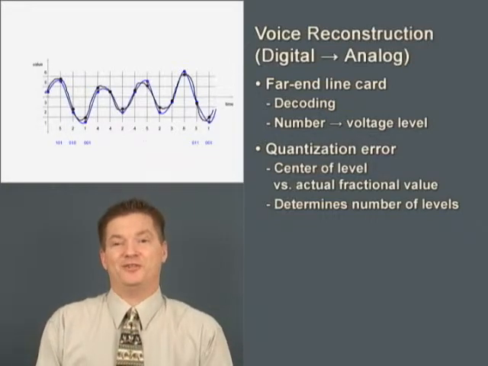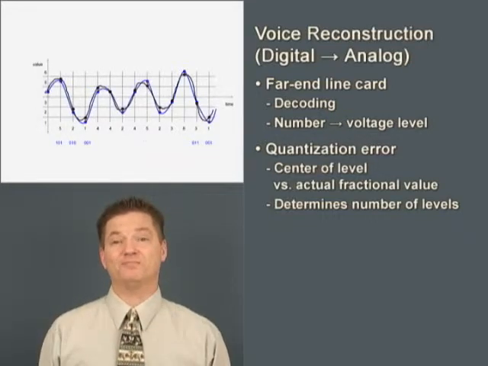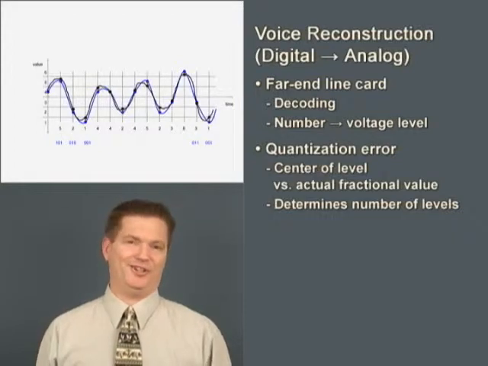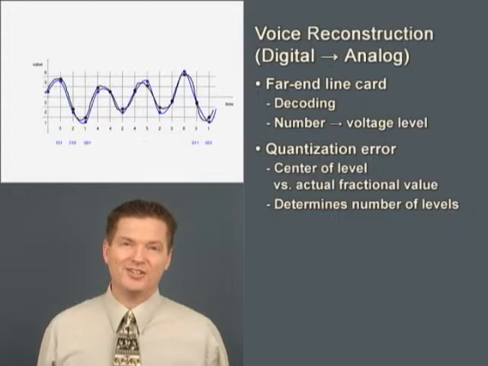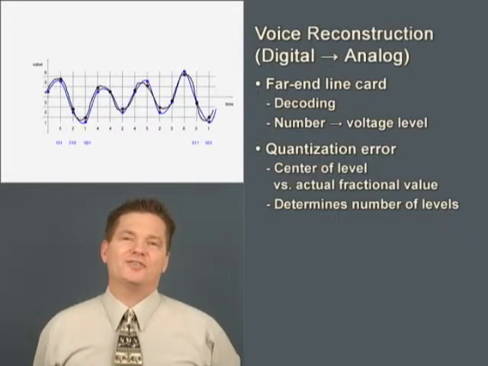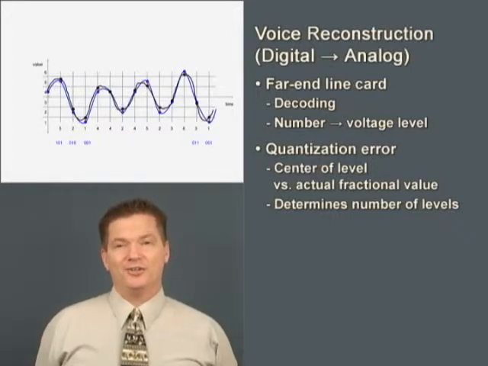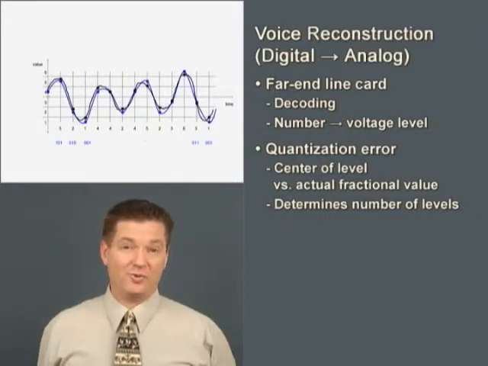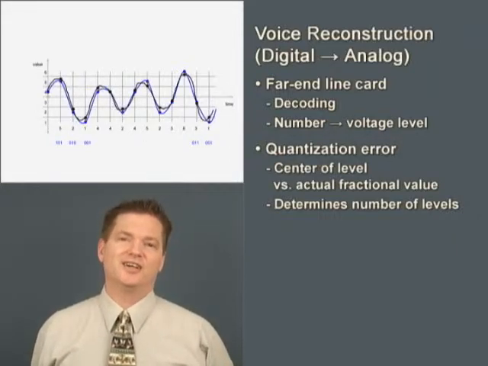How many levels do we use on the telephone system? 256. Now you might ask, well, why do we use 256? Well, it works out very nicely for binary numbers, but we could have used 128 or 512. Why 256?